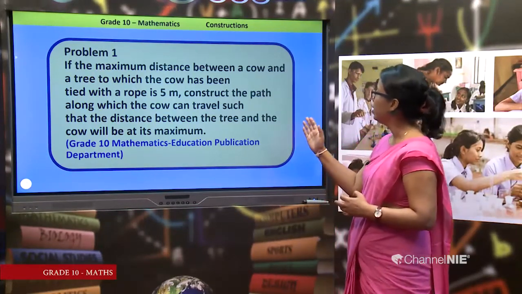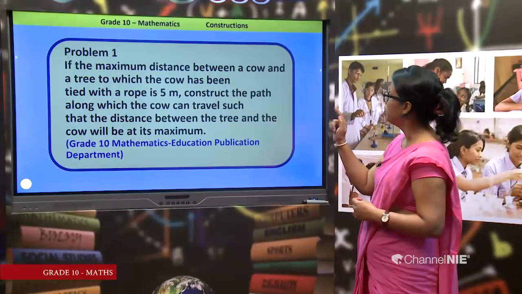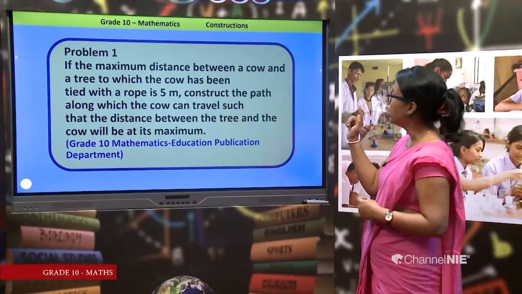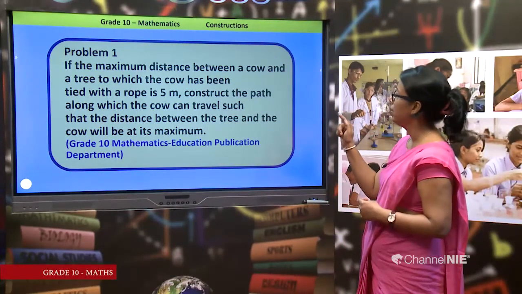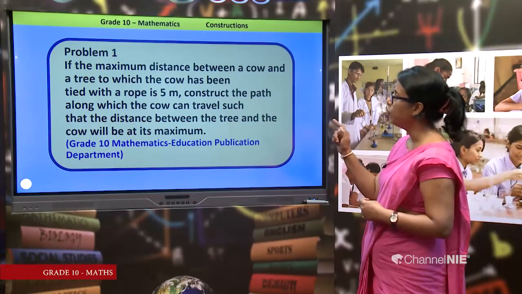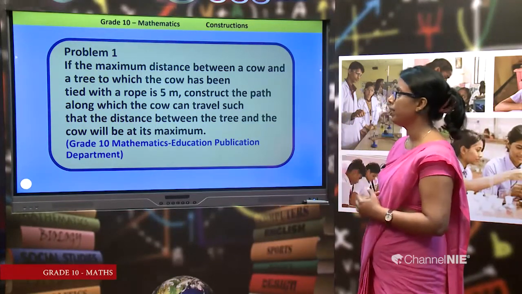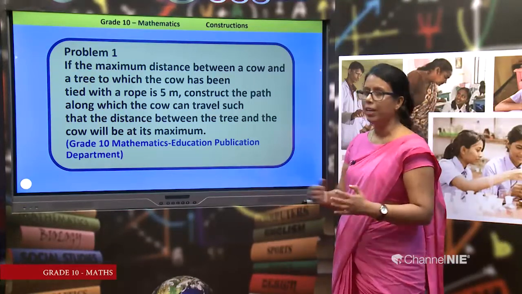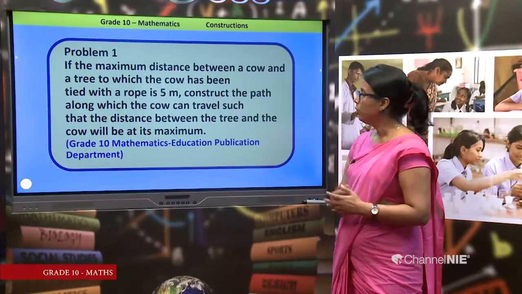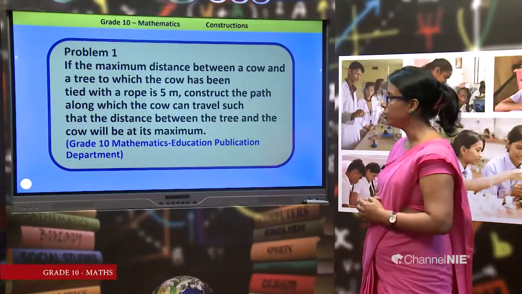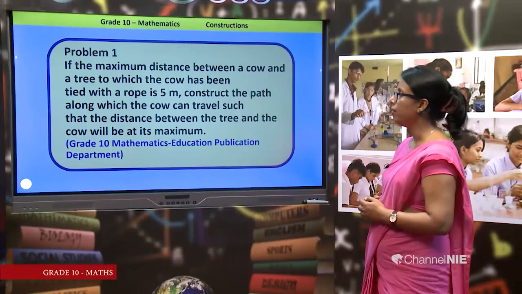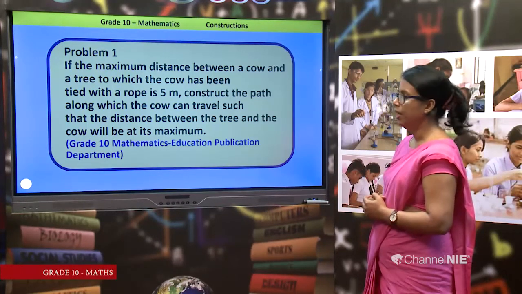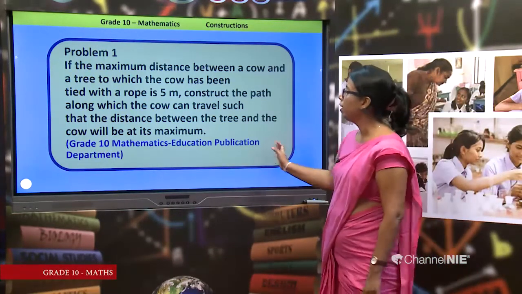There is a tree. The distance between the cow and the tree to which the cow has been tied with a rope is 5 meters. So, using the loci and construction, you have to find this locus. Let's see how to find it.